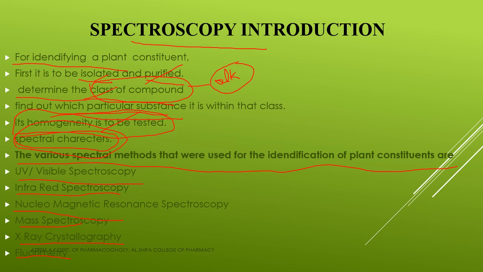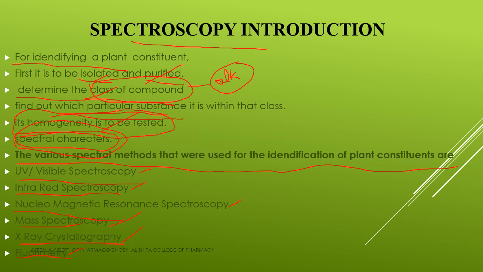Clear? And the different spectroscopic techniques that are used in the identification of phytoconstituents are UV spectroscopy, visible spectroscopy, then IR spectroscopy, NMR spectroscopy, then mass spectroscopy, XRD or X-ray diffraction crystallography, and finally the last one is fluorimetry. So these are the different spectroscopic techniques that are employed in the identification of phytoconstituents.